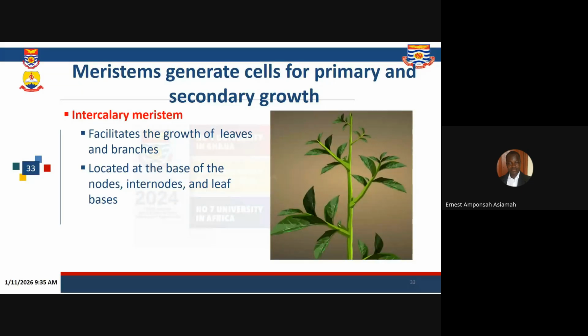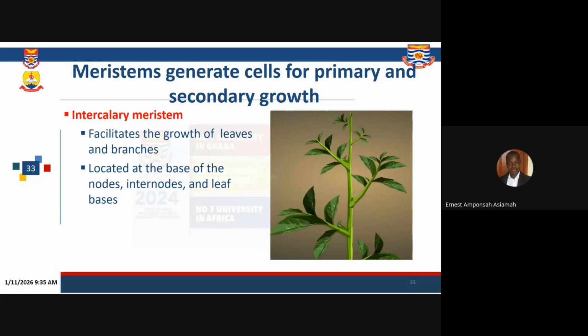Generally we have the parenchyma cells, which are for metabolic functions. Then we have the sclerenchyma cells; parenchyma and sclerenchyma are for support. In the young parts of the plant you find more parenchyma, and in the matured parts you find the sclerenchyma cells.